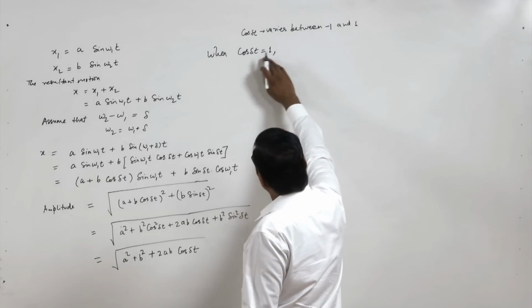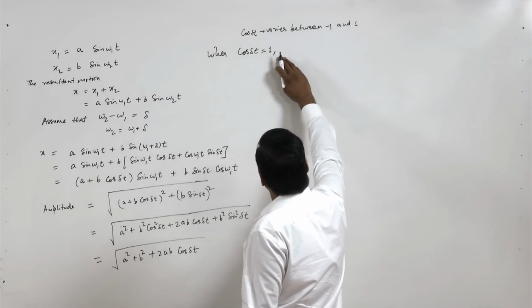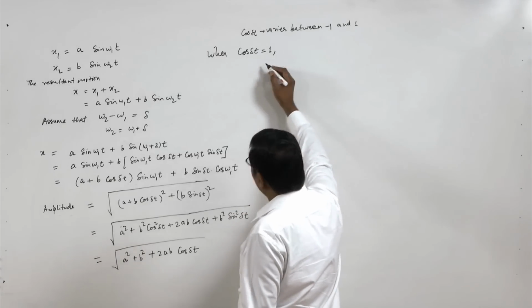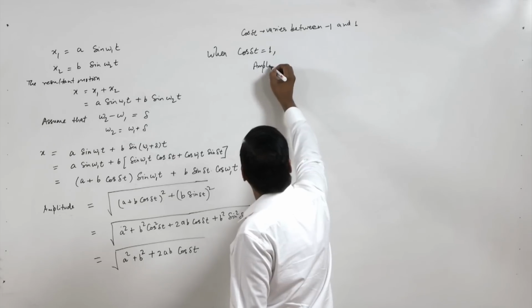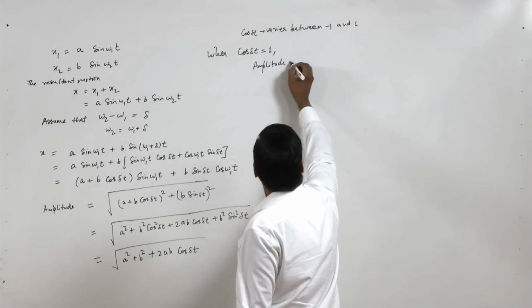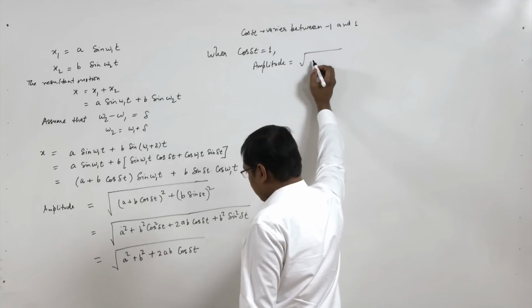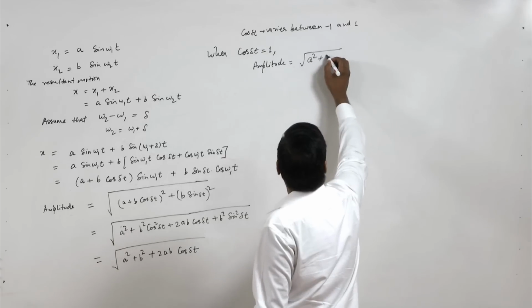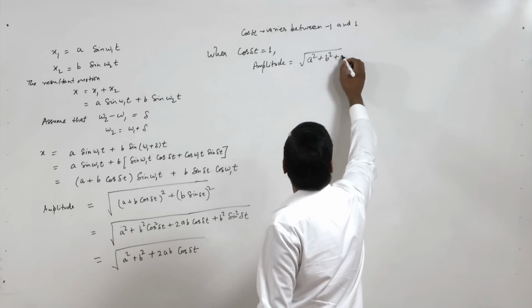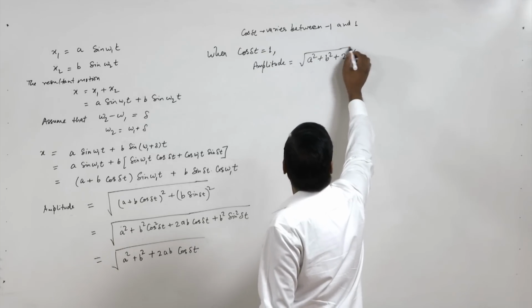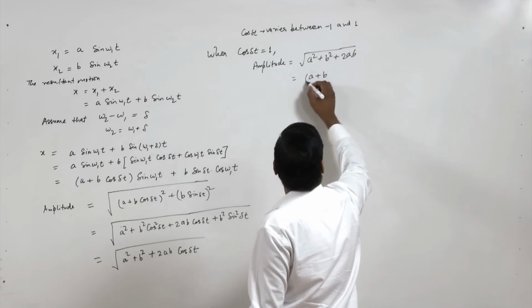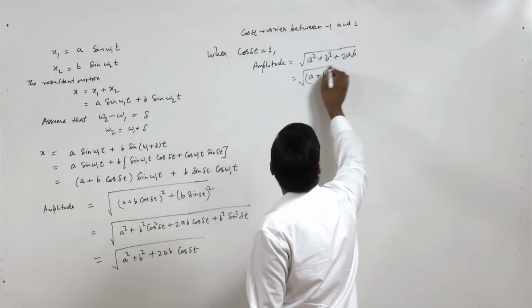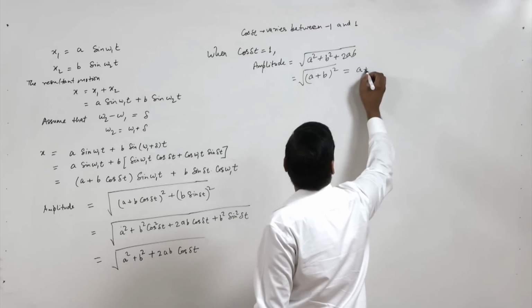So when cos delta t equal to 1, the amplitude equal to root a square plus b square plus 2ab, and so it is a plus b whole square under root. So it is equal to a plus b.